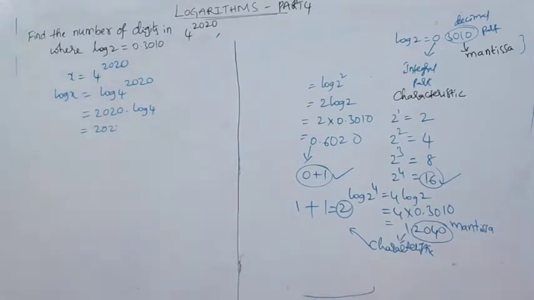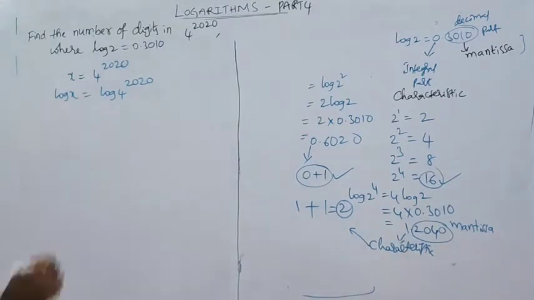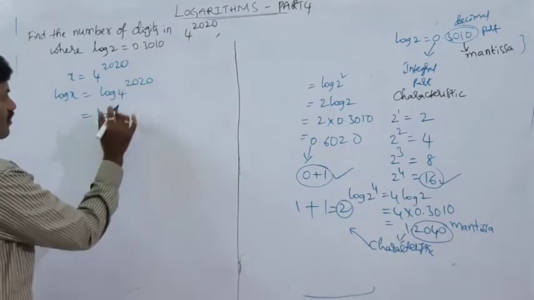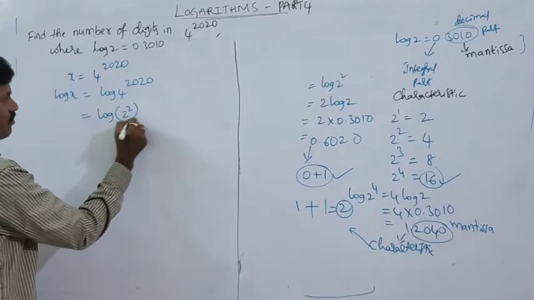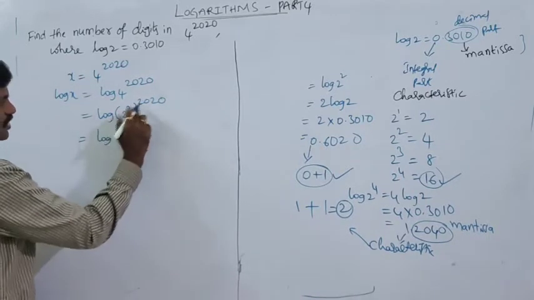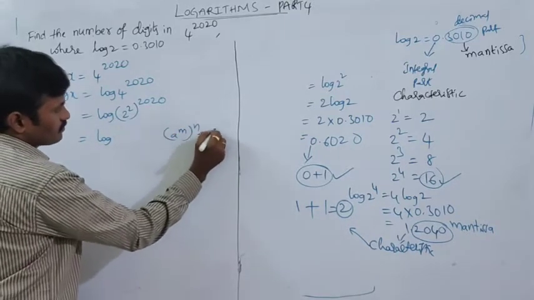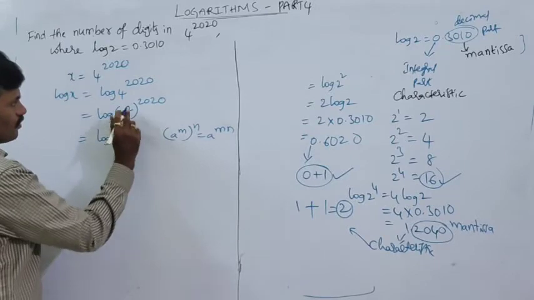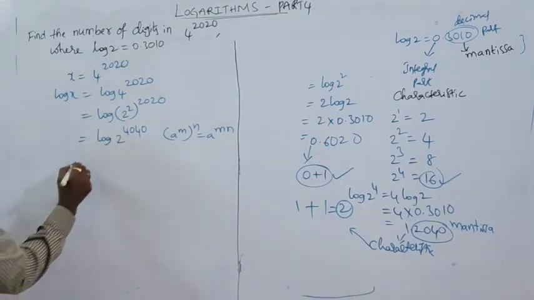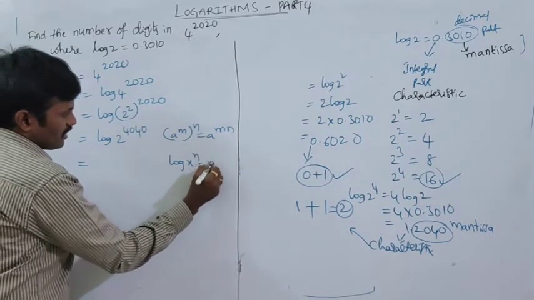Before that, since they have given the log 2 value, write log 4 to the power of 2020. 4 can be written as 2 square, so 4 to the power of 2020 is in the form a power m whole power n. The formula is a power m into n, so 2 power 2 into 2020 is 4040. Now according to the formula, log x to the power of n can be written as n into log x.